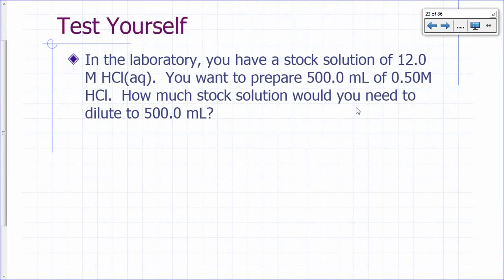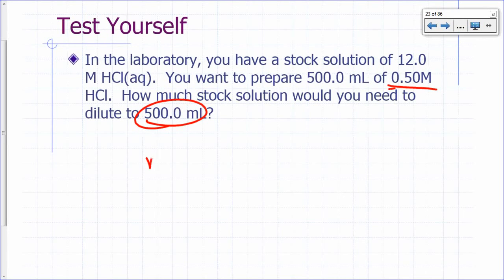All right, here's a practical laboratory problem. You have a stock solution that's 12 molar HCl in the laboratory. That's concentrated HCl. And you want to prepare 500 mL of 0.5 molar HCl. How much stock solution would you need to dilute to 500? So you've decided you want 500 mL, and you want that to be 0.5 molar.